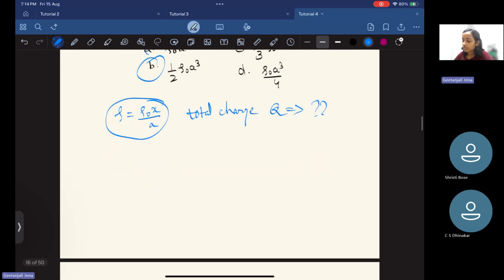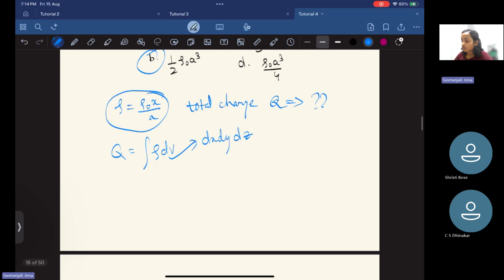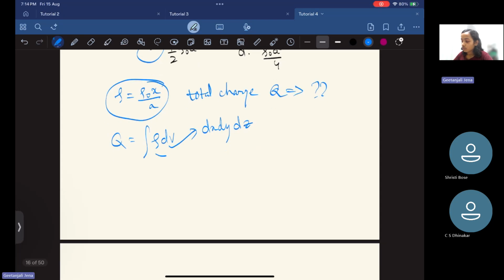So what were the steps? Q is nothing but rho dV. And for a cube, it is dx, dy, dz. And rho is given as rho naught x by a.